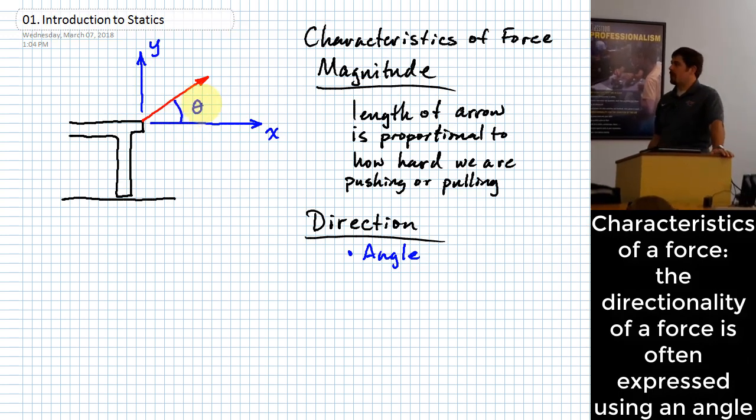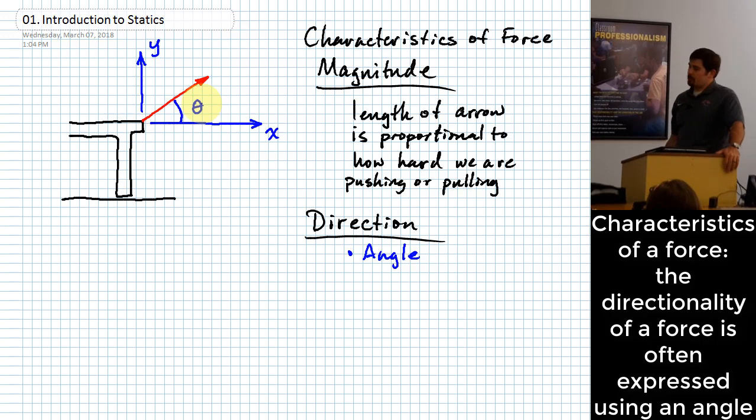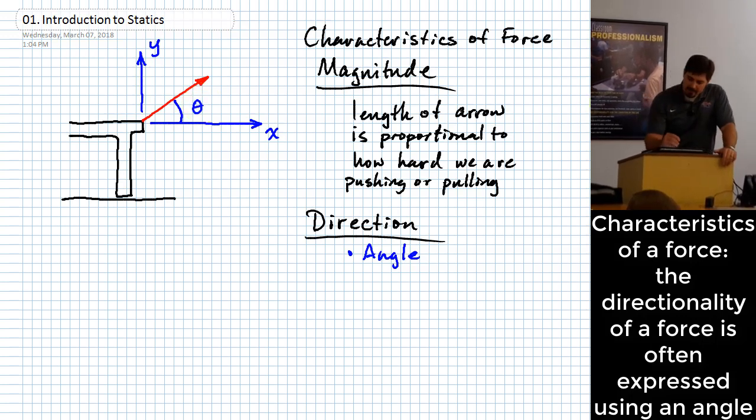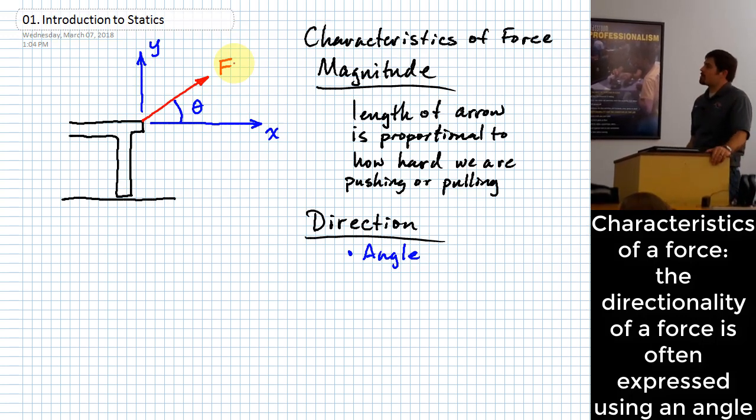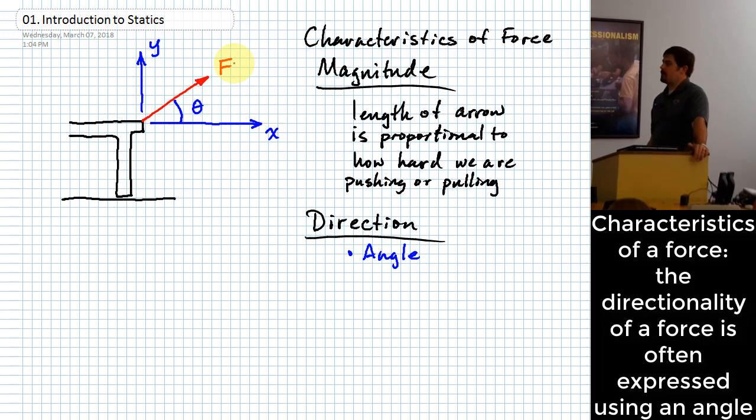Okay, theta is a letter we often use for angle. And by the way, we a lot of times put a letter next to these things, maybe something like F, to establish that that's the magnitude of the force. Okay, so that's one way that we can get the direction of a particular force.